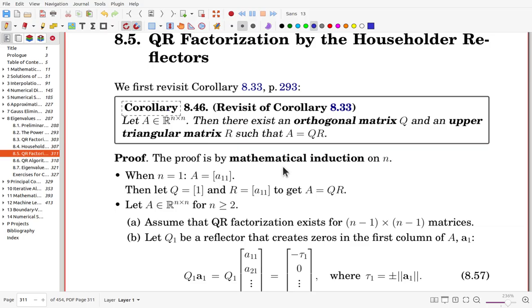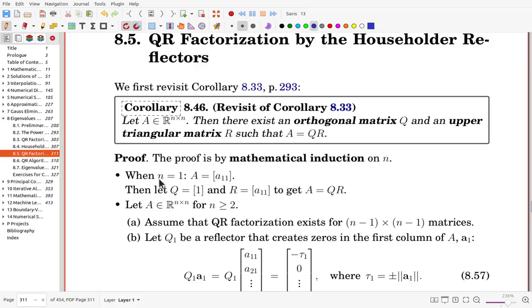We'll assume the claim is true on a step, then under the assumption, we'll try to prove the next step claim is true. So once the first step is true, then the second step will be true, and the third step will be true, and so on.